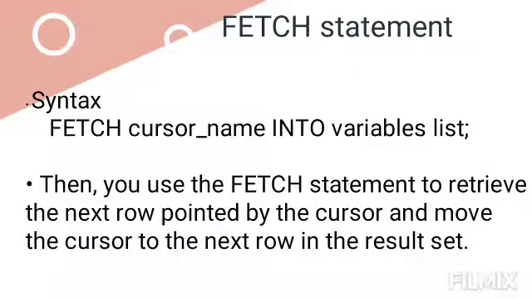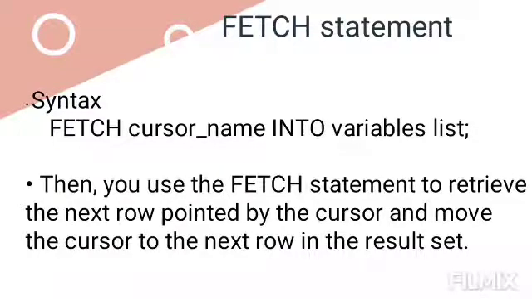After we open a cursor, we use a fetch statement to retrieve the next row pointed to by the cursor and move the cursor to the next row in the result set. The syntax of the fetch statement is fetch cursor name into variable list. After that, check if there is any row available before fetching it.